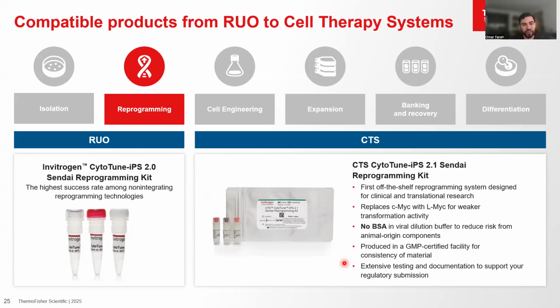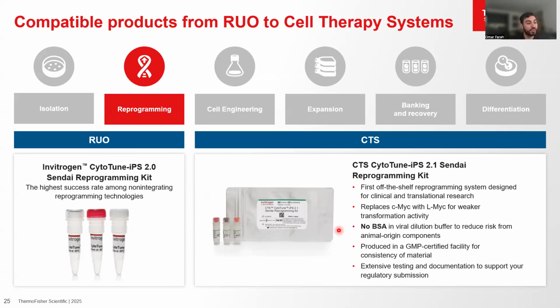For example, with the CytoTune kit, we mentioned that one of the reprogramming factors was c-Myc, right? But in this case, because c-Myc is a proto-oncogene and can actually drive proliferation of cells quite fast, there is a fear of transformation, right? That these cells might just continue to proliferate like crazy.